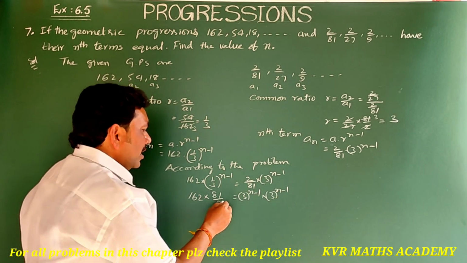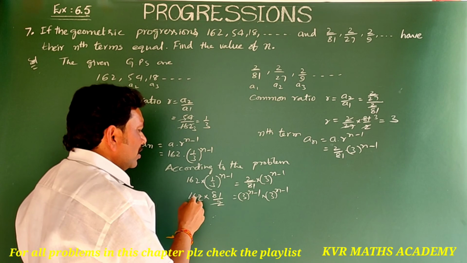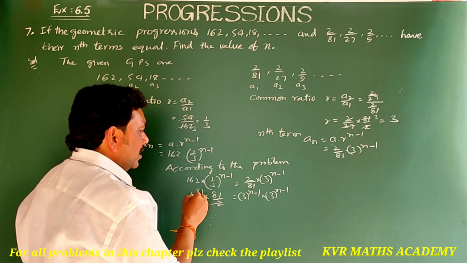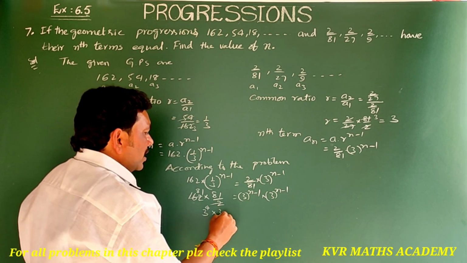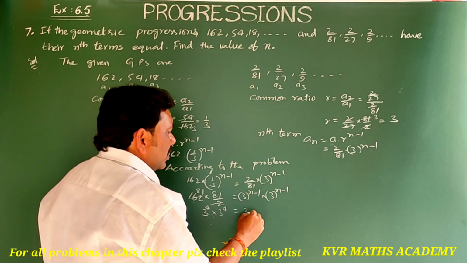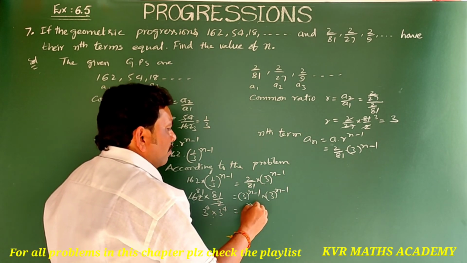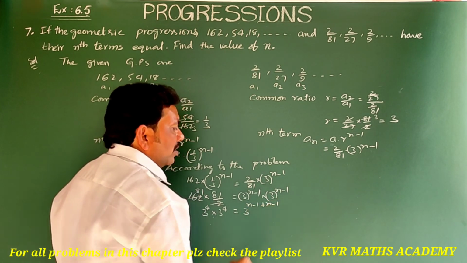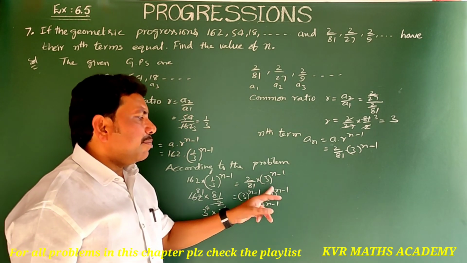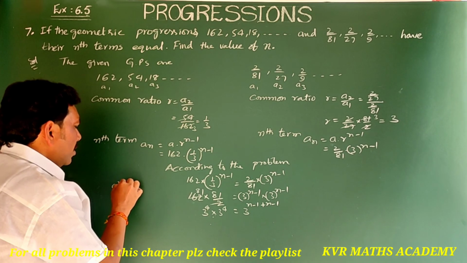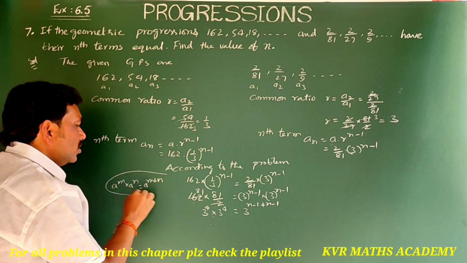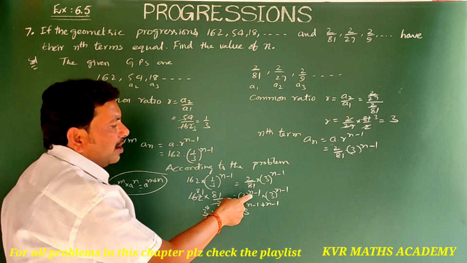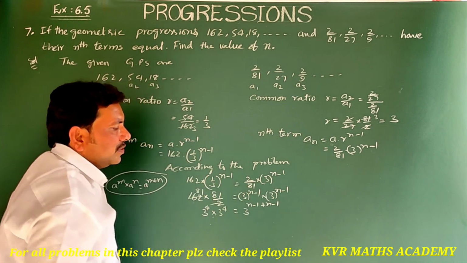Right? Yes, here 2 in 162, 81 times gets cancelled. So it is 3 power 4 into 3 power 4 is equal to 3 power n minus 1 plus n minus 1. a power m into a power n is equal to a power m plus n only. So according to this, I have added both.